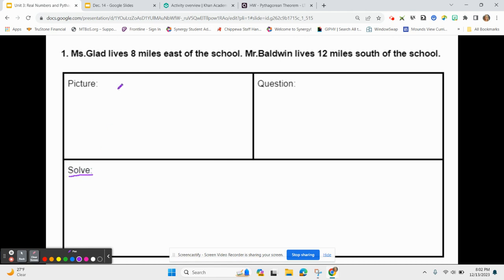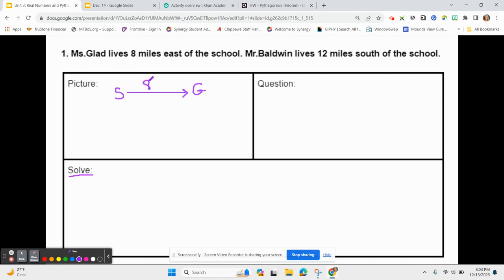So it says, Miss Glad lives 8 miles east of the school. Mr. Baldwin lives 12 miles south of the school. So here, if I draw a picture, let's just say here's a school. And since I live east from the school, if I travel, let's just say here is 8 miles east, here is the Glad house.